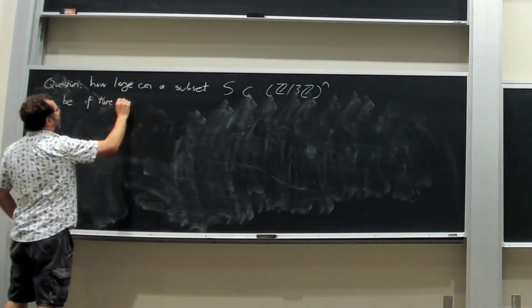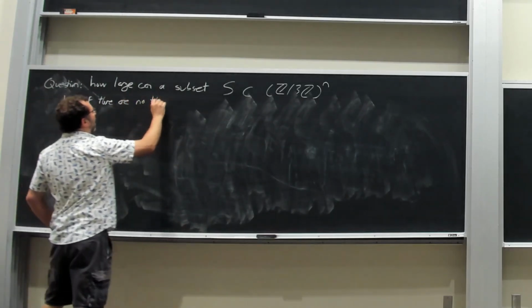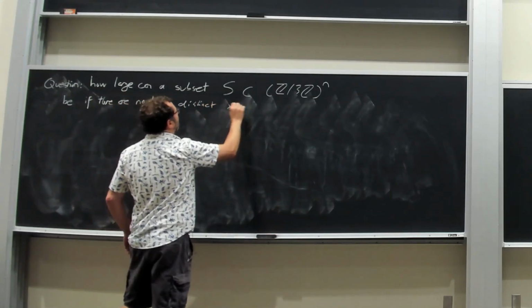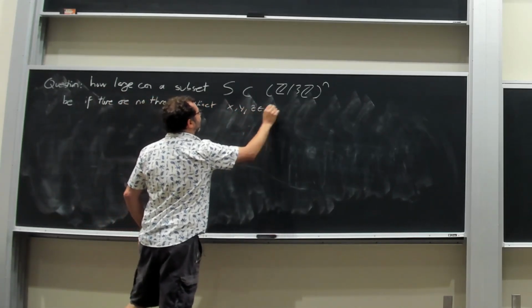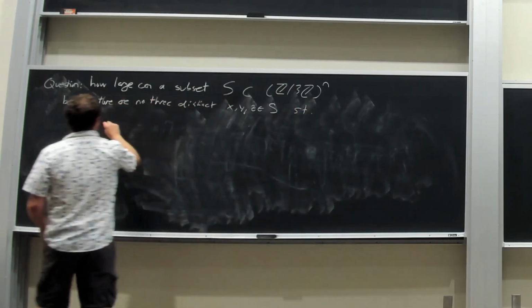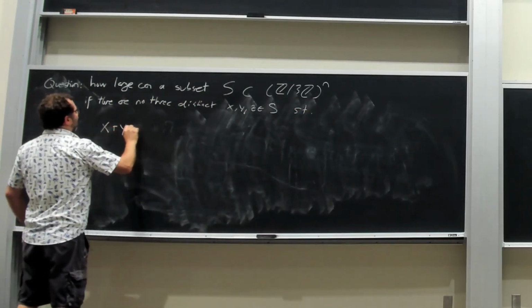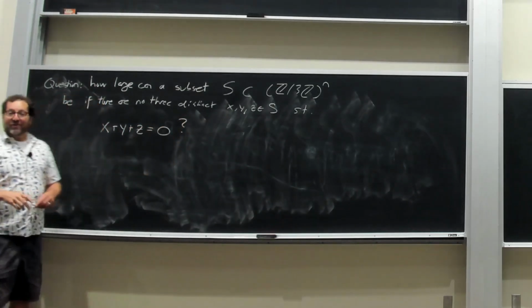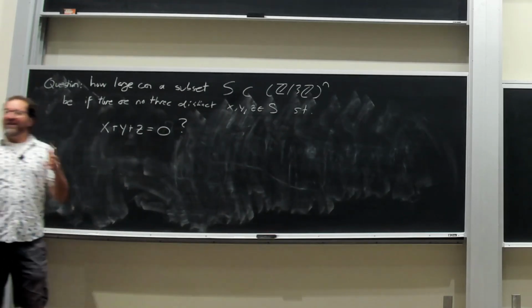If there are no 3 distinct x, y, and z in S such that the 3 vectors sum to 0. So there's a set of forbidden triads.